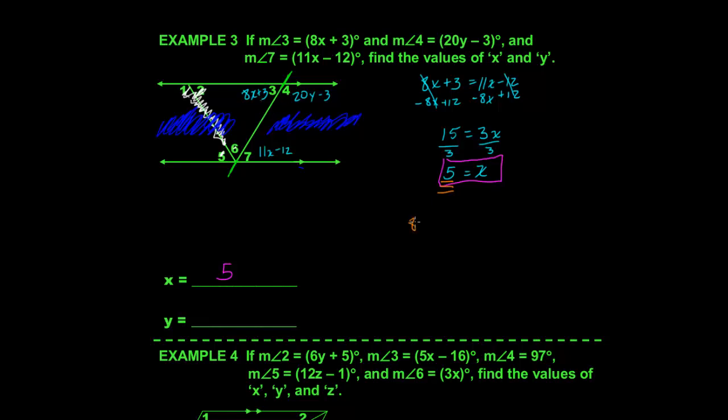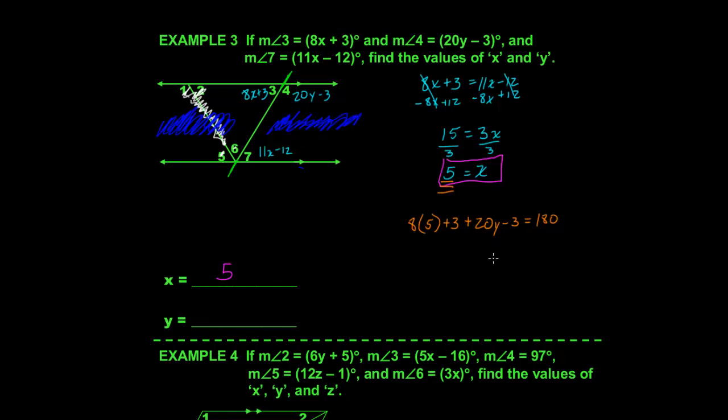So an 8, well, we know our x, that's a 5 plus 3. Now we know that when we add these two together, so plus 20y minus 3, that they equal 180.